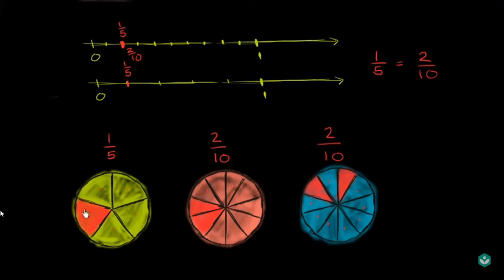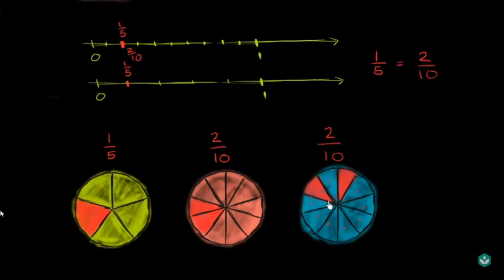Here, going from this slice to this slice, if you were to just divide all of these slices into 2, you see that you have the exact same fraction. You have the exact same fraction shaded in as this one right over here. They've become identical. I didn't shade in anything else. I haven't taken any of the red away. I haven't added any of the red. I just divided all of those pieces of pie into 2. And so you see that the exact same part of the whole pie is shaded in.